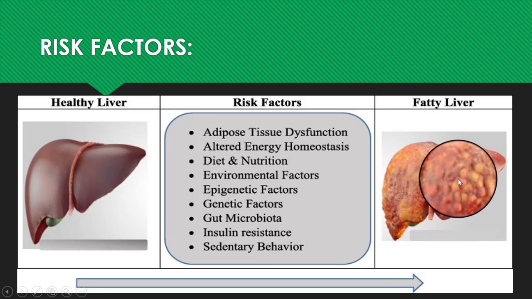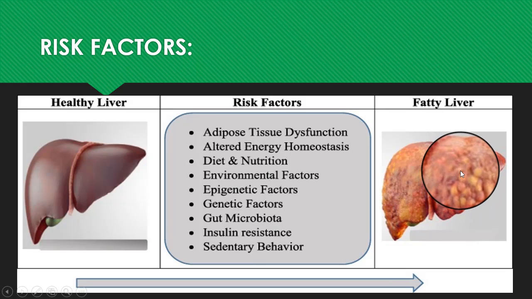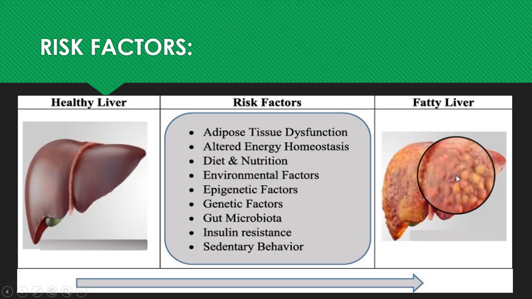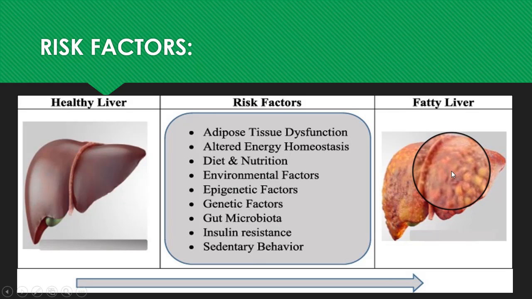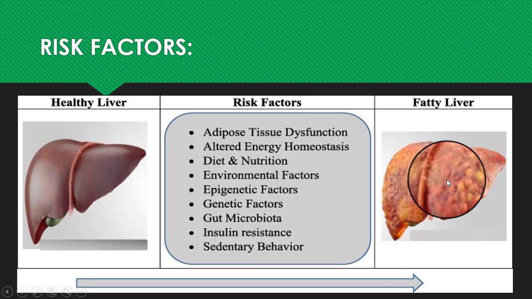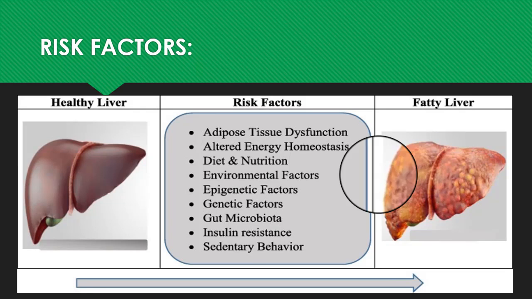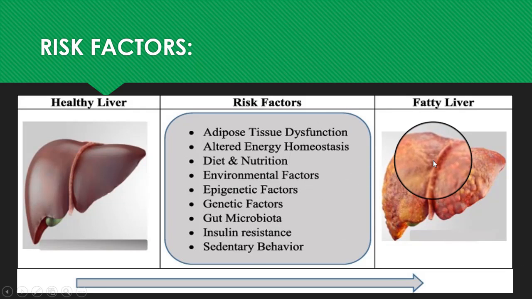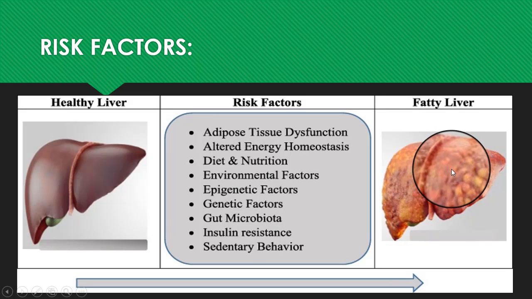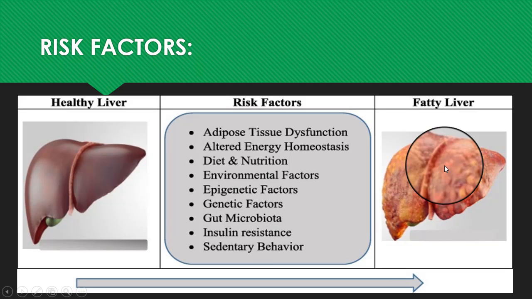So the risk factors here are obesity, insulin resistance, diabetes mellitus type 2, polycystic ovary syndrome, pregnancy, and metabolic syndrome. So these are the risk factors for fatty liver diseases.